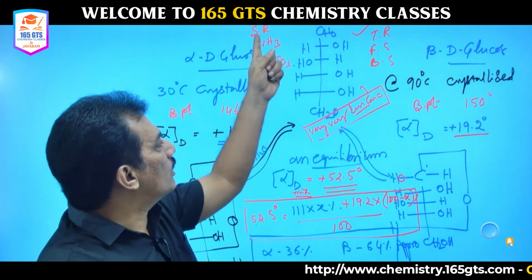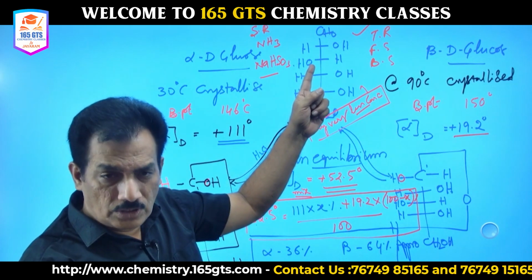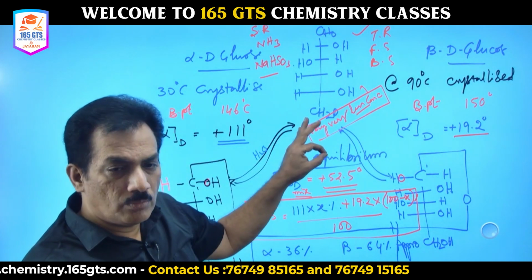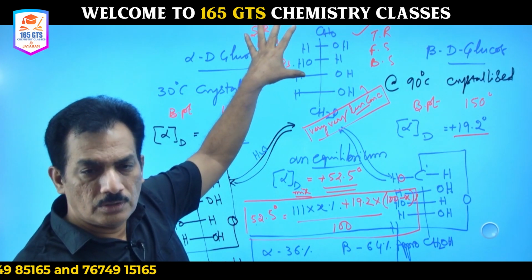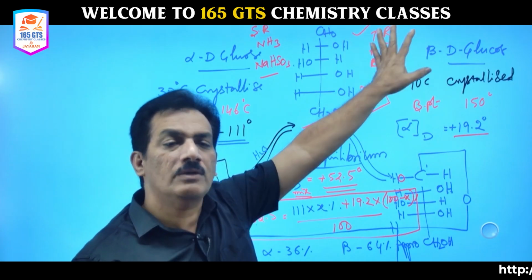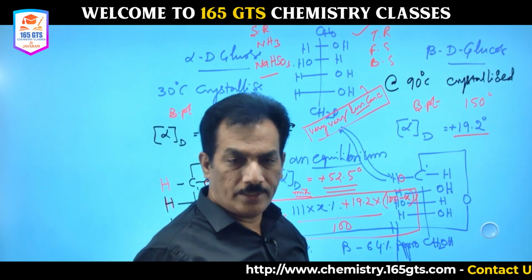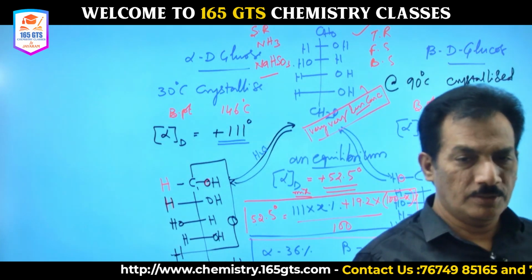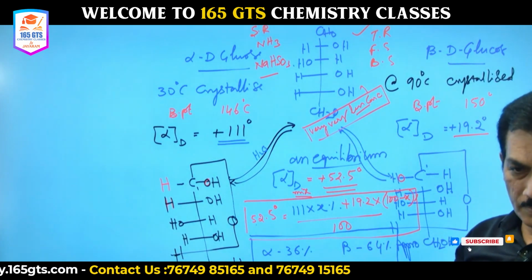Here, these three require an optimum concentration that is never achieved by this equilibrium, and hence they do not respond. But the others can respond because even minute quantities are sufficient for these three reactions. I think now you have a clear idea about this. Clear? Like that, these are the structures given.